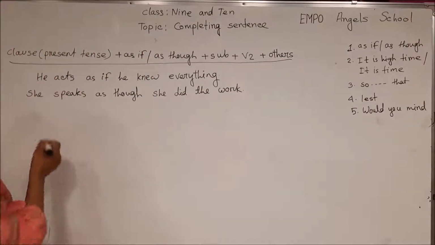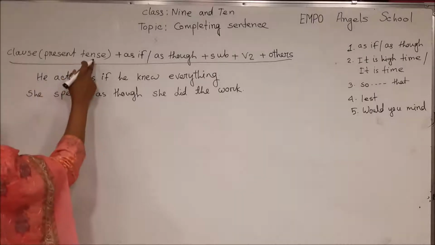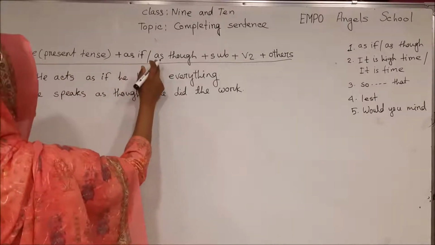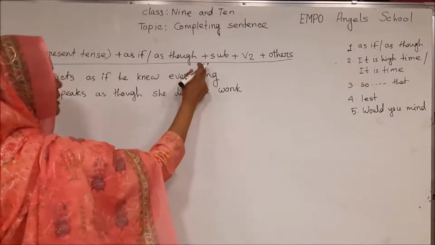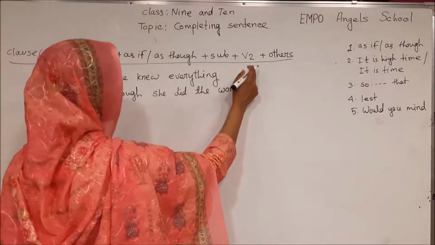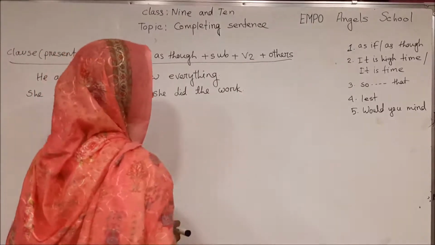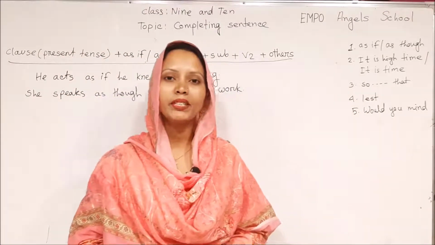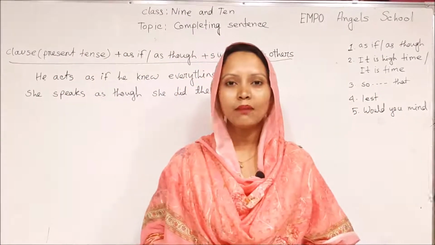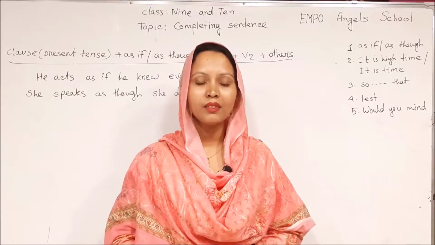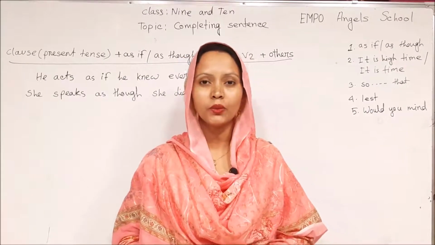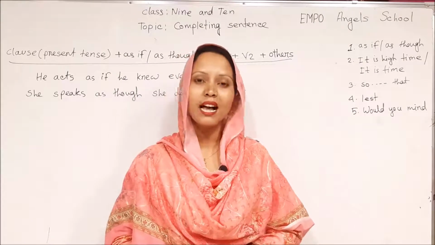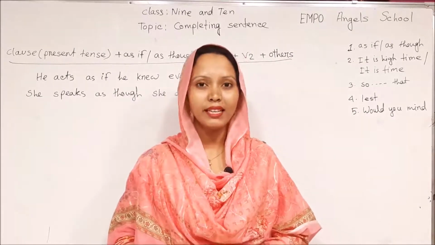Here, students, you can see clause present tense, then as if or as though, then subject plus verb 2 plus others. Dear students, to complete the sentence with as if or as though, you have to remember that after as if or as though, you have to write such a clause that is not real.